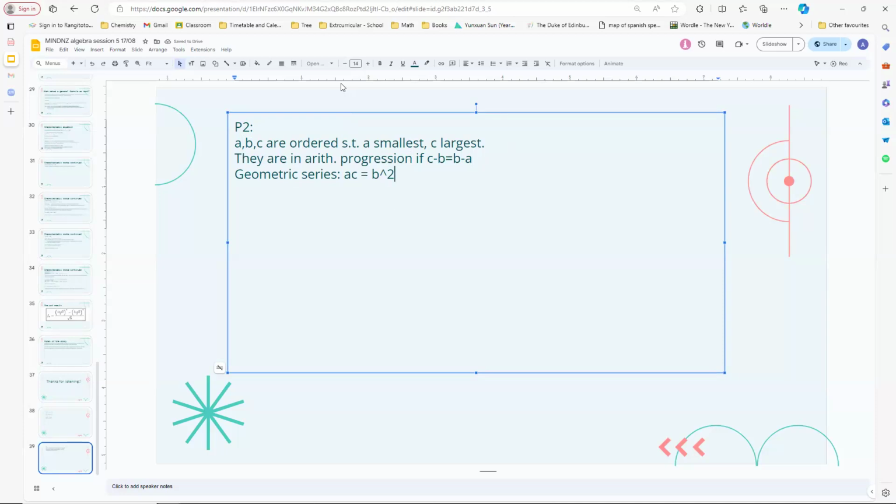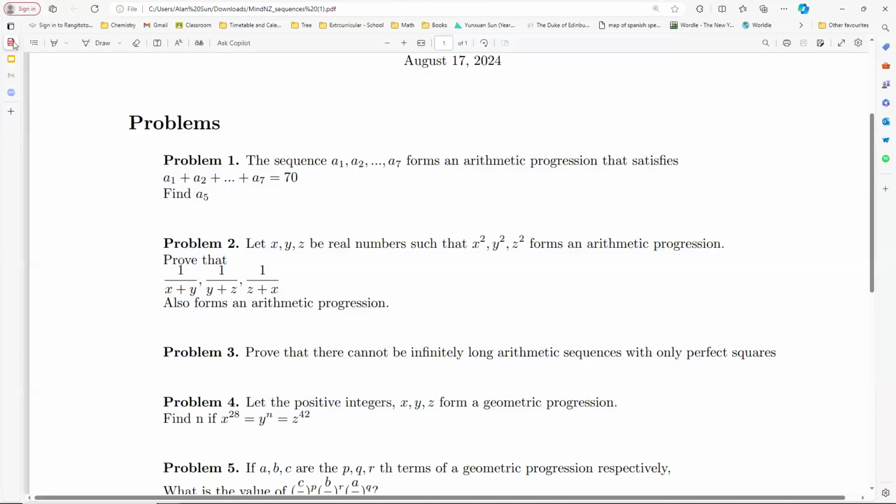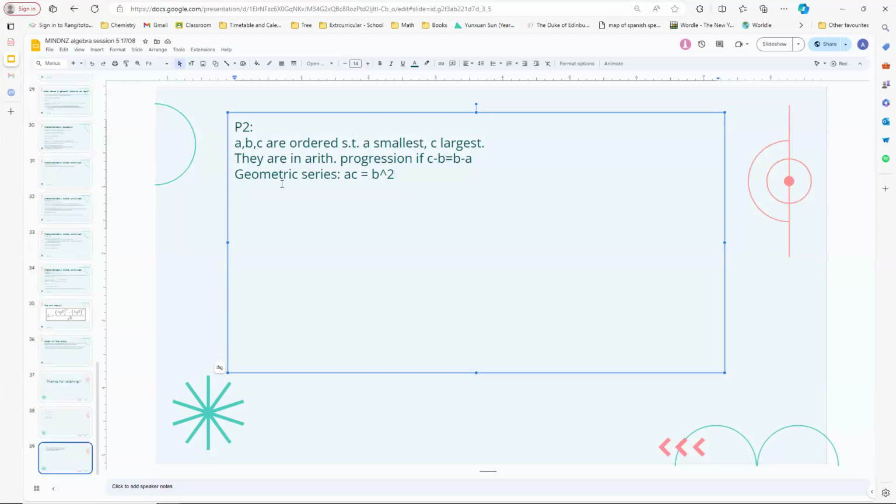So on to the problem now. We have that x squared, y squared, and z squared are an arithmetic sequence. So using our fact, we know that x squared plus z squared equals 2 times y squared.